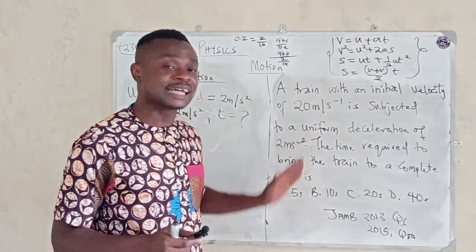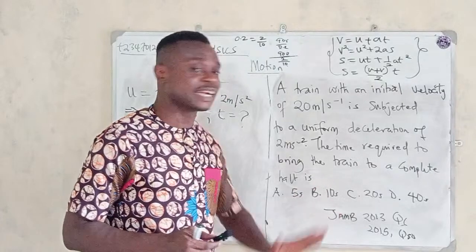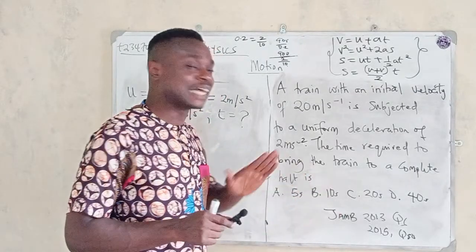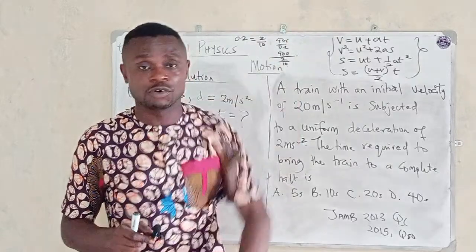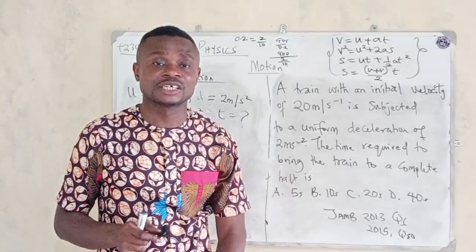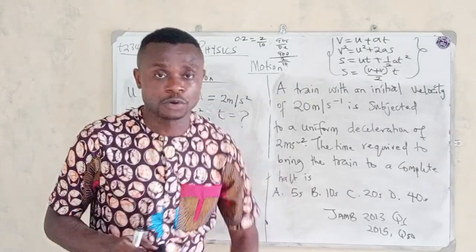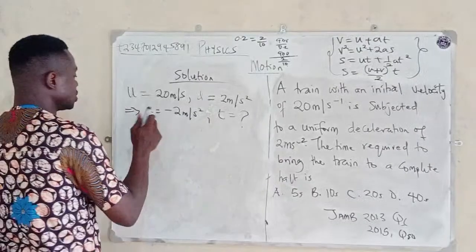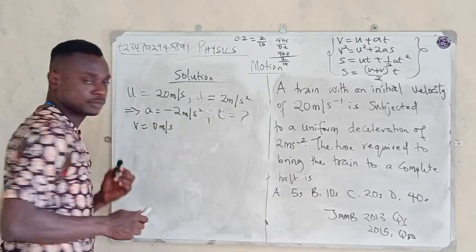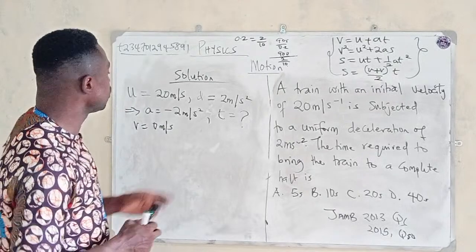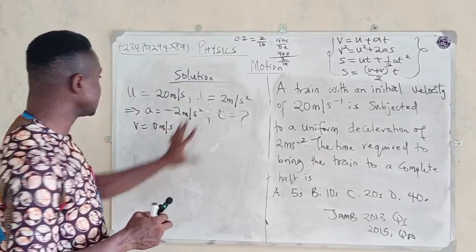Once it starts decelerating, the velocity goes down until it becomes zero. So V is equal to 0 meters per second.